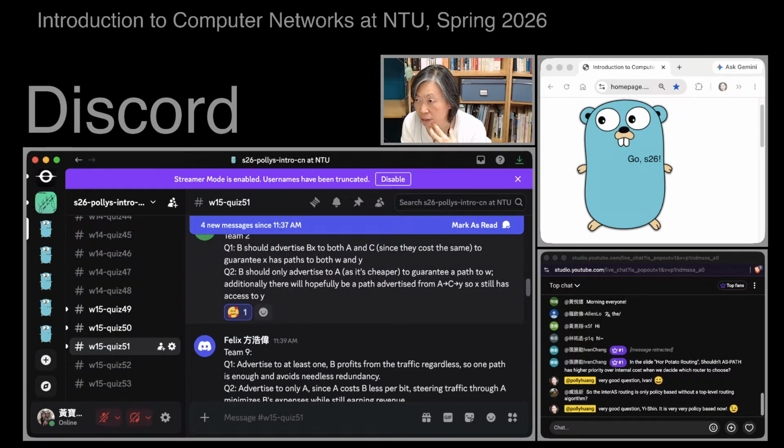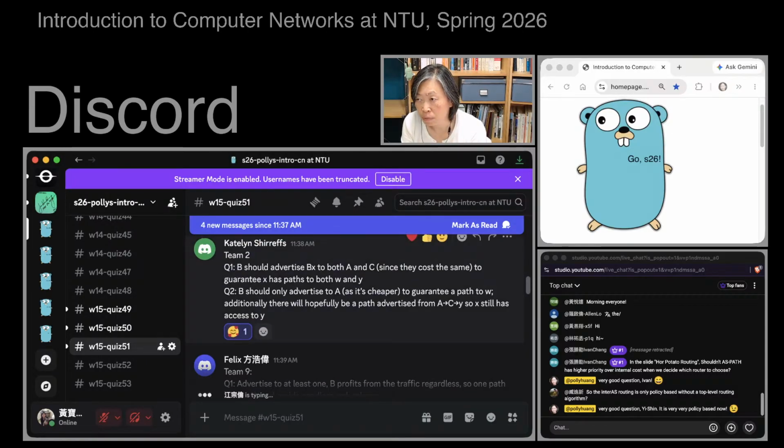B should advertise BX to both A and C. Yeah, because either one of them charges the same, right? And sending to both allows maximum reachability. B should only advertise to A because it's cheaper, right?